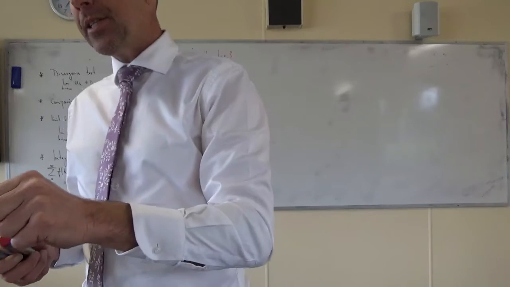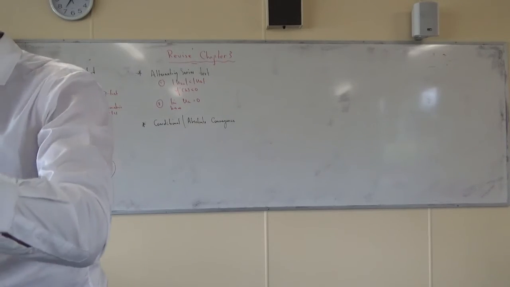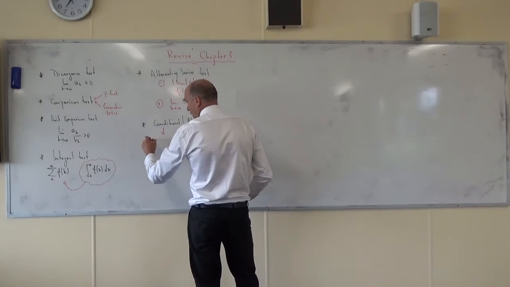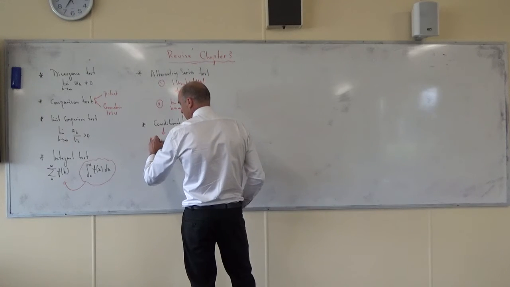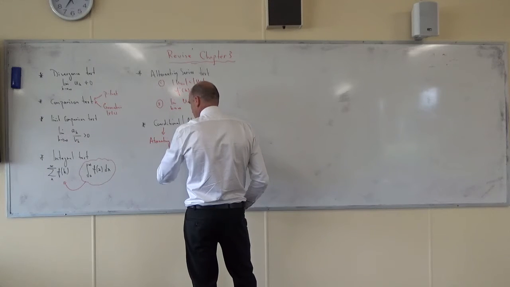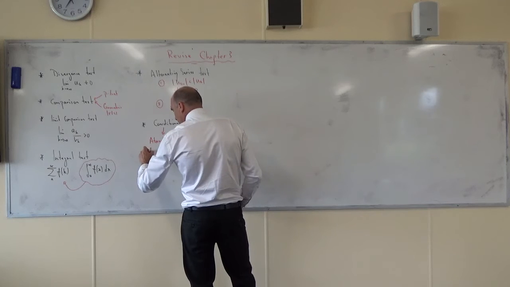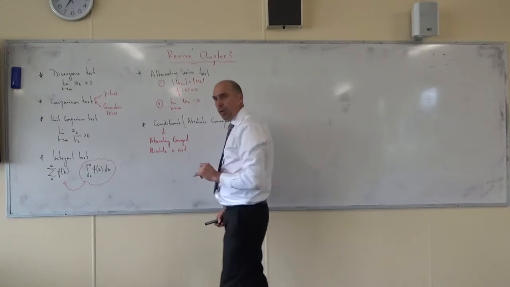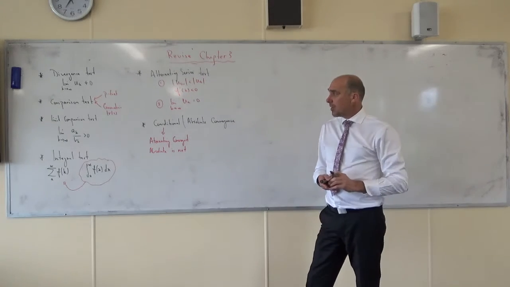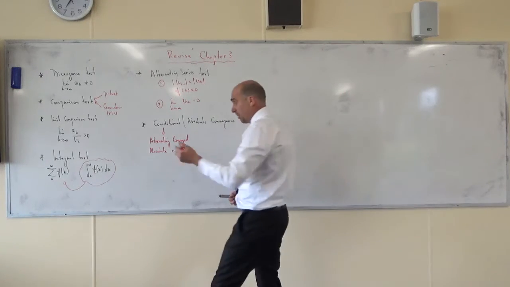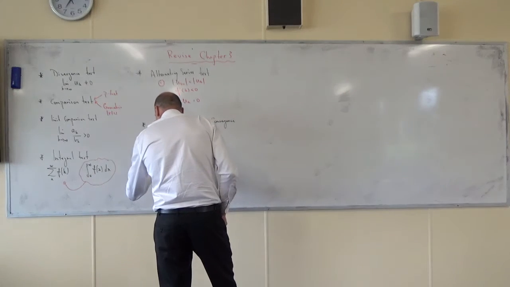It's where the alternating series is convergent, but the absolute series is not. Can you think of one? What's the most obvious one that's conditionally convergent? Yeah, that's right. This one here is conditionally convergent, isn't it?